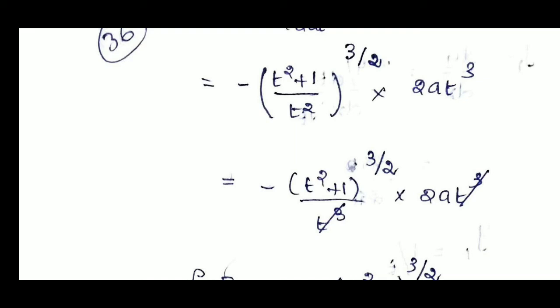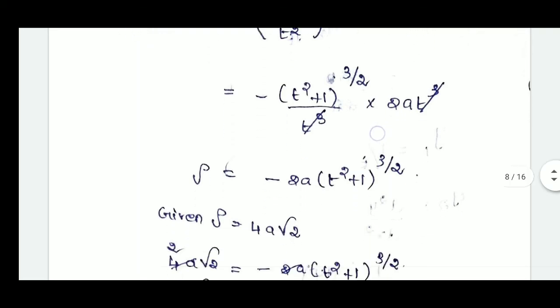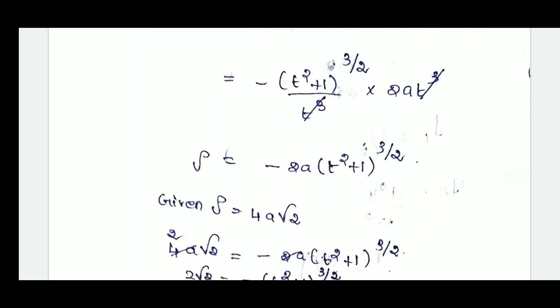We get minus of (t square plus 1) the whole raised to 3 by 2 by (t square) the whole raised to 3 by 2. The 2 and 2 get cancelled. We get t cube in the denominator, into 2at cube. t cube and t cube get cancelled. We get rho equals minus 2a into (t square plus 1) the whole raised to 3 by 2.